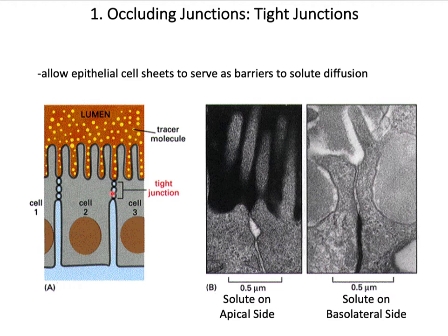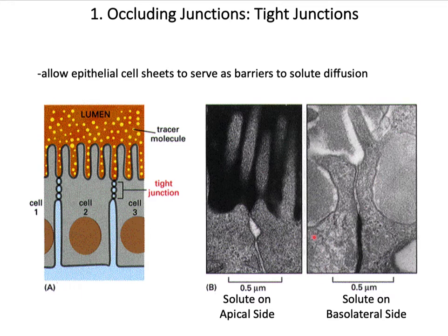What you can do is take some kind of tracer molecule and put it on one side of the epithelial layer. For example, in this diagram on the left-hand side, you have a tracer molecule that is maybe electron dense so that you can visualize it on an electron microscope. But you can imagine that you can also do this experiment with a fluorescent tracer molecule to monitor the position of the solute.